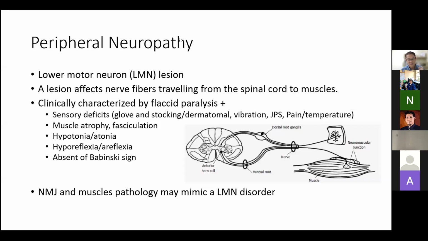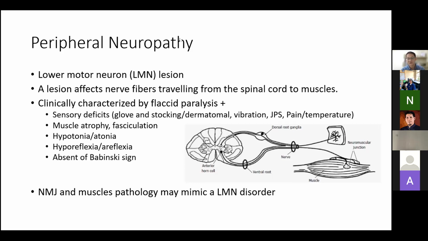Clinically, peripheral neuropathy normally comes with what we call a flaccid paralysis. They are flabby, they have no power. This is the common presentation of peripheral neuropathy, plus signs of sensory deficit, whether in a glove and stocking distribution or a dermatomal distribution, where they lose vibration and have impaired joint position sense.